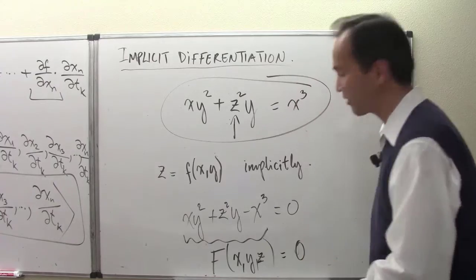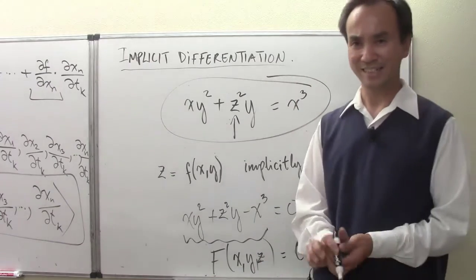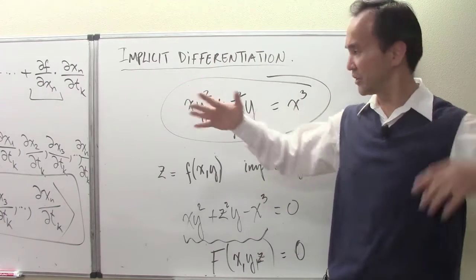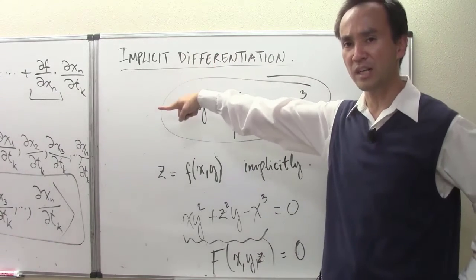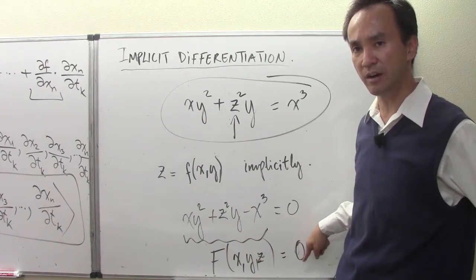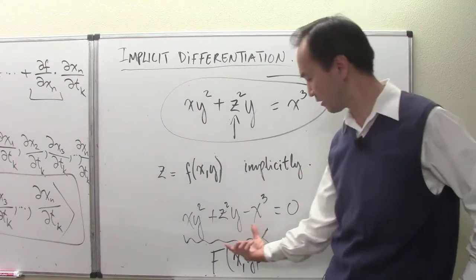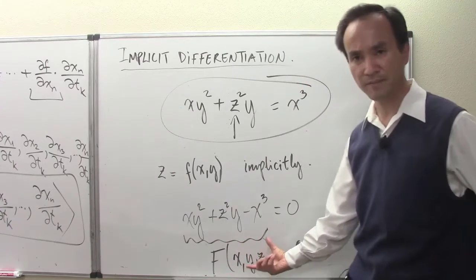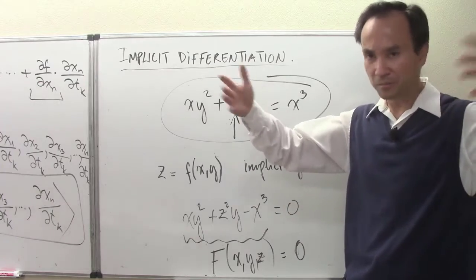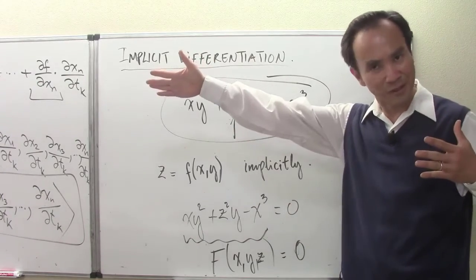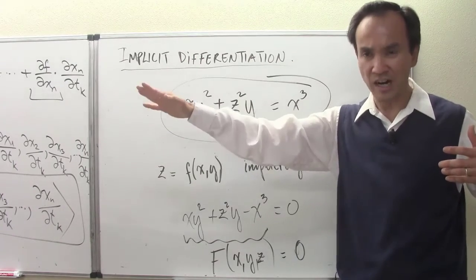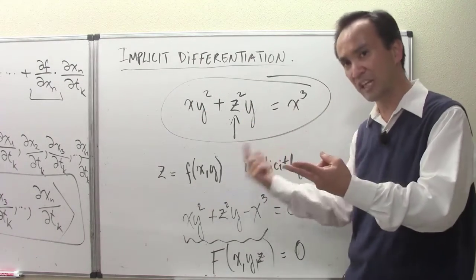Generally it's equals 0. My point is that if you have an equation of 3 variables, you can purposely bring all terms into one side, making that a function of 3 variables, and everything equals 0 on the right-hand side. That's an equation. On the left-hand side, you are expressing it as a function of 3 variables. For equations of 2 variables I brought up earlier, you can bring all terms to one side to become a function of 2 variables equals 0.